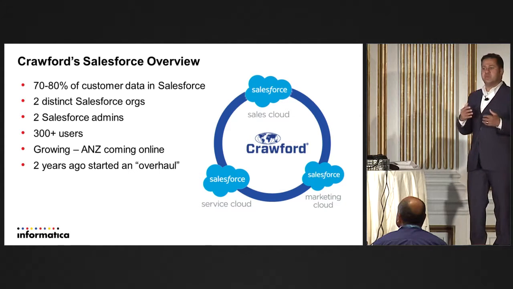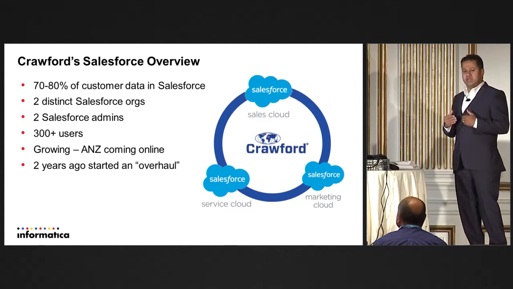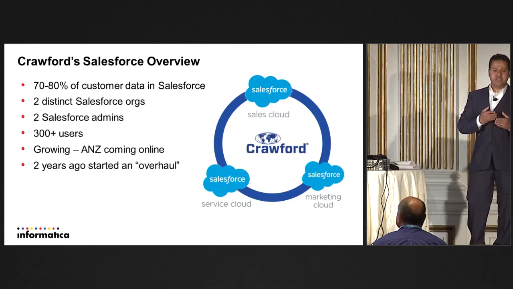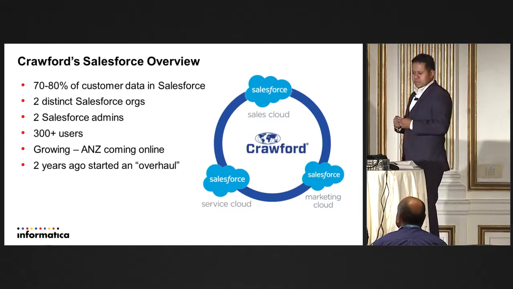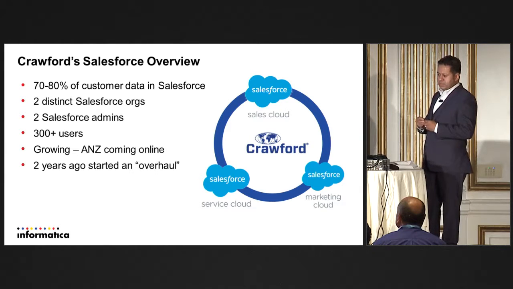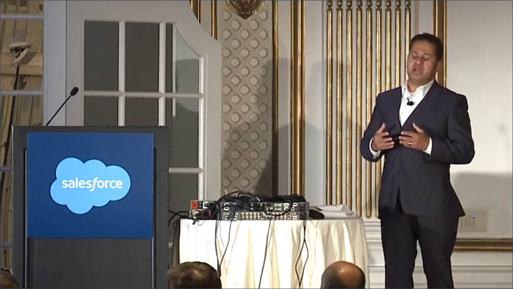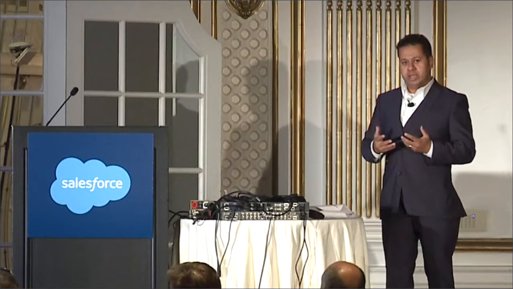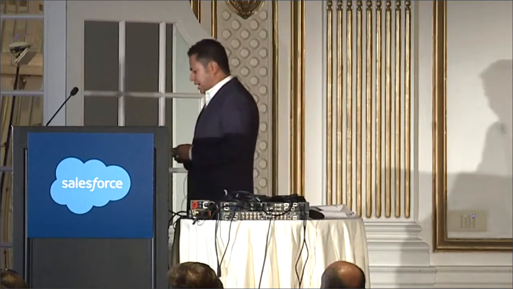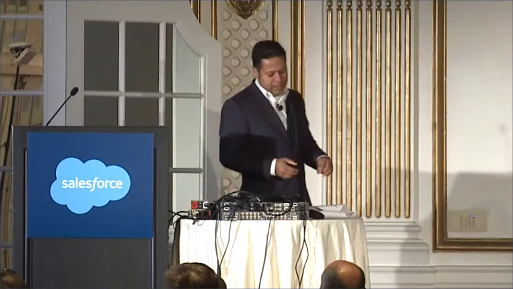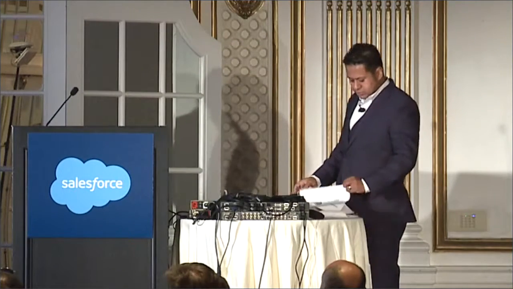We have strategic partners in place who are helping us provide strategic initiative projects, in the sales and marketing space, as well as support and maintenance. In the 2 orgs, we have about 300 plus users, and it's growing. Recently, we're launching a brand new project in Asia Pac, in Australia and New Zealand, to integrate more customers in Salesforce.